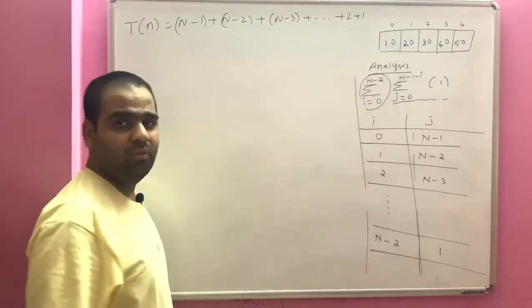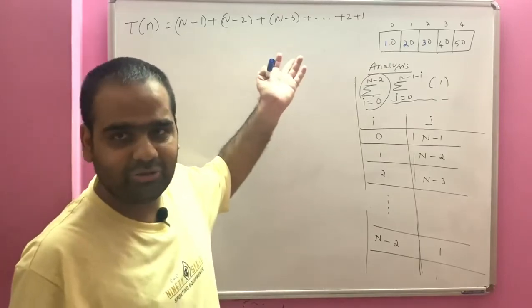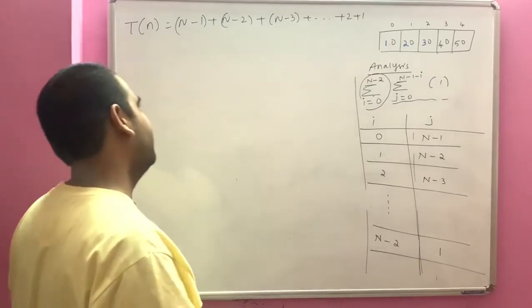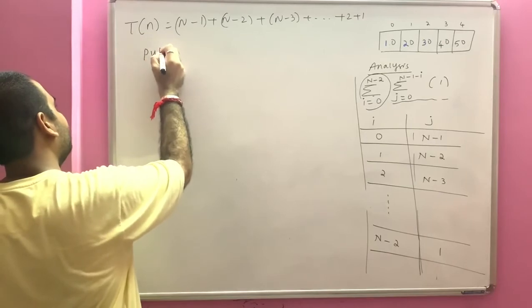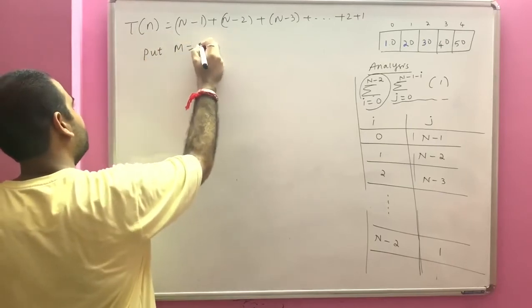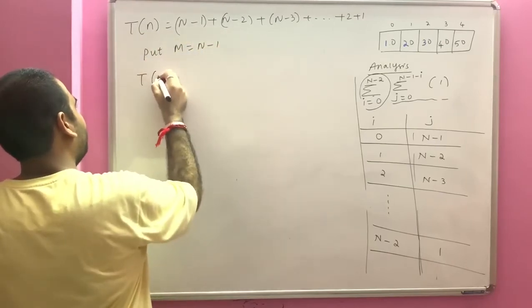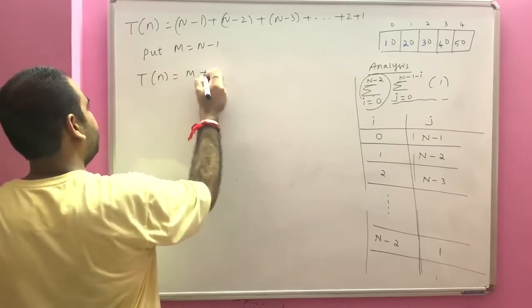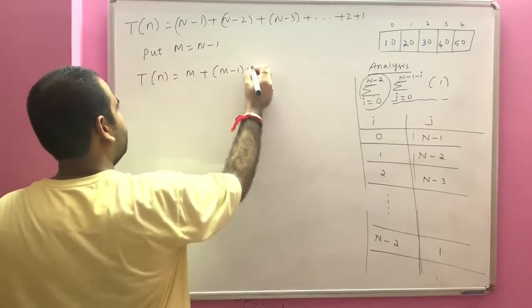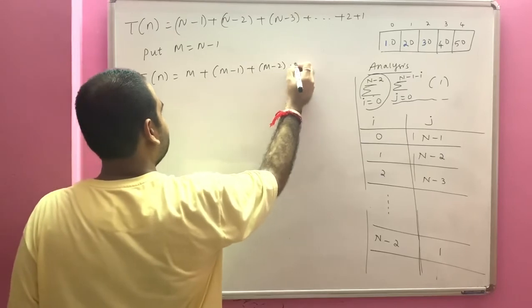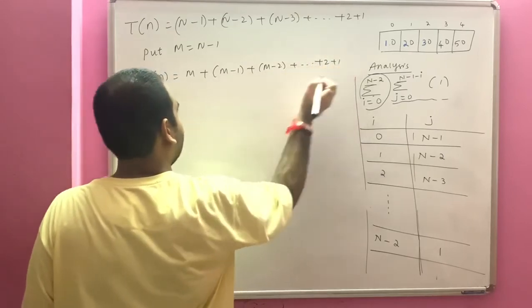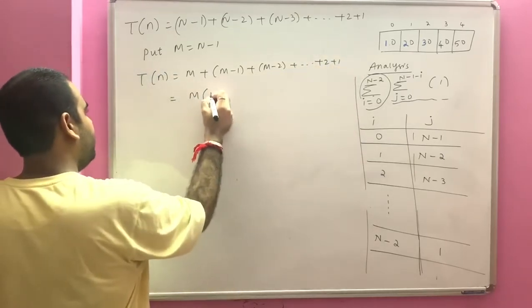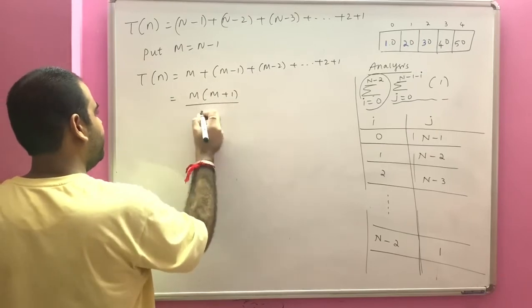What is the sum of n minus 1 natural numbers? If you get confused, some people might, put m equals n minus 1. Therefore, T of n equals m plus m minus 1 plus m minus 2 plus, up to 2 plus 1. And this is m into m plus 1 divided by 2.